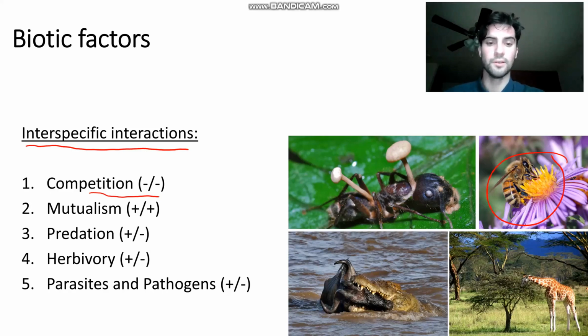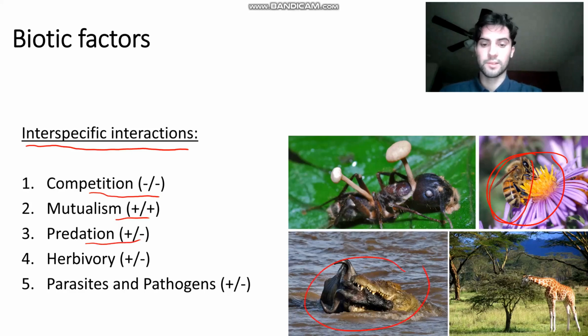But here, basically, the bee is taking nectar to feed the colony and the beehive, and the flower is increasing its reproductive success because it's spreading pollen, and the bee will go around fertilizing other flowers, other plants. So that's mutualism. In symbiosis, we have a very tight evolutionary pressure, where these two species almost form just one mega organism that depends on both sides.